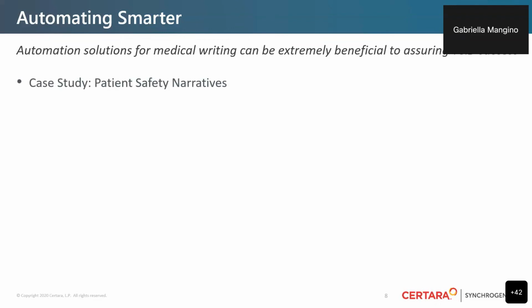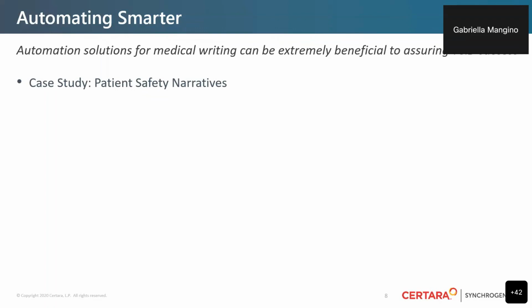So using the same case study of patient safety narratives as I've been using for this presentation. Why is this the most relevant case study? It's because patient safety narratives contain most of the PPD that we see within our submission documents.